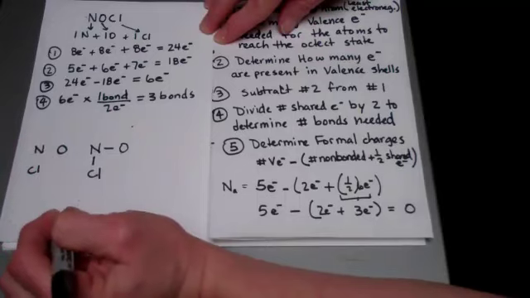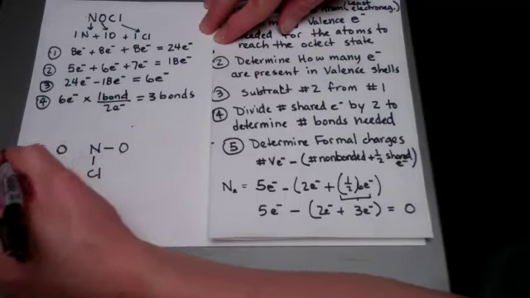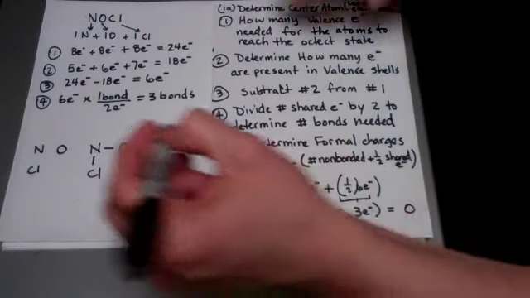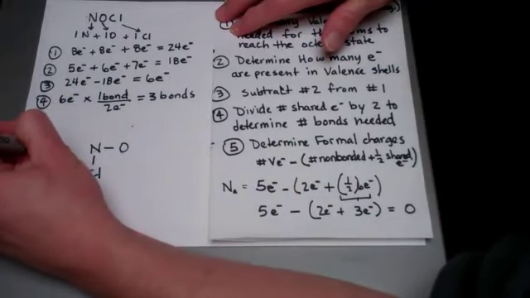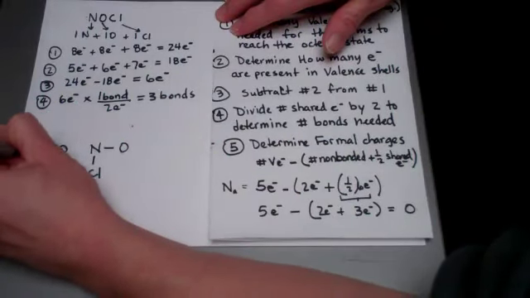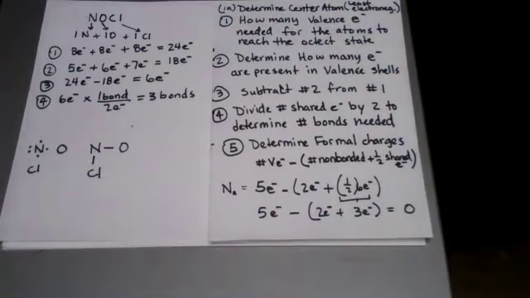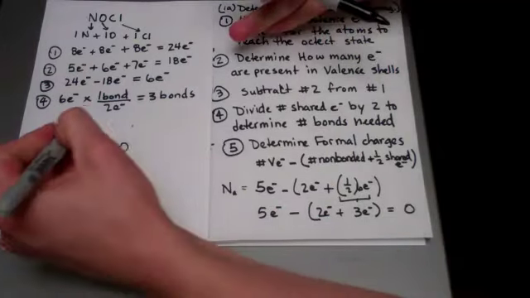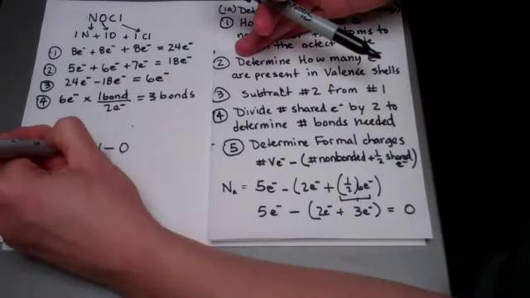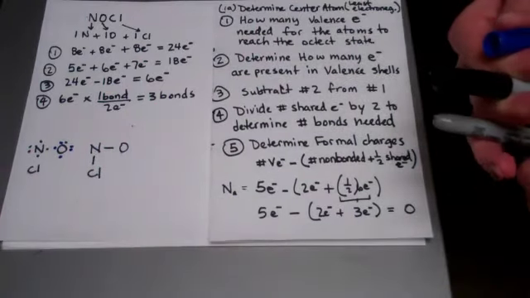So if we position our nitrogen and our oxygen and chlorine, we know that nitrogen is going to have 5 electrons around it. And we'll put its lone pair back here. And then oxygen is going to have 6 electrons. So let's put that in blue. So we've got 4, and then they start pairing with each other. So you've got the 2 lone pair.